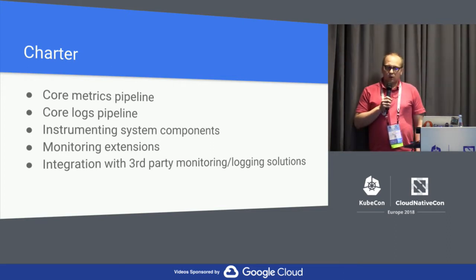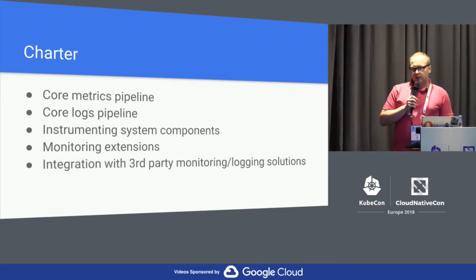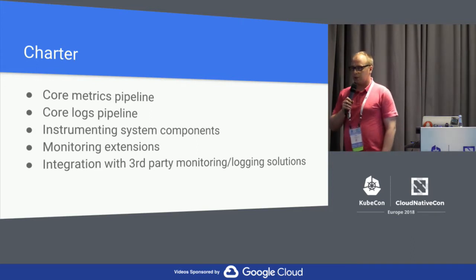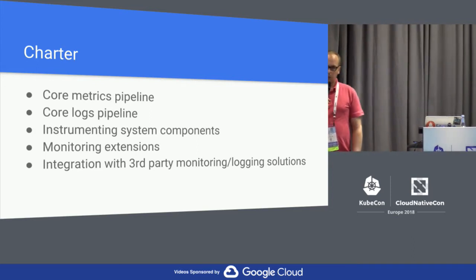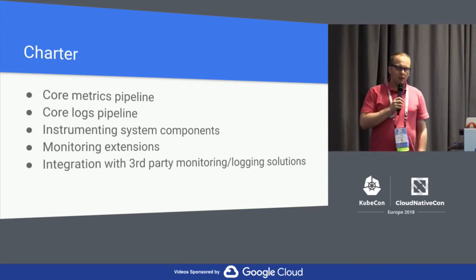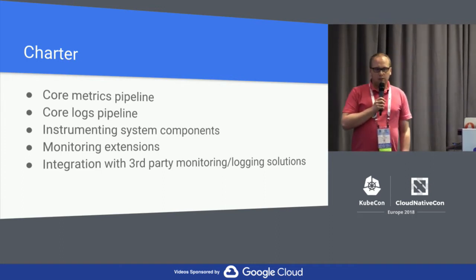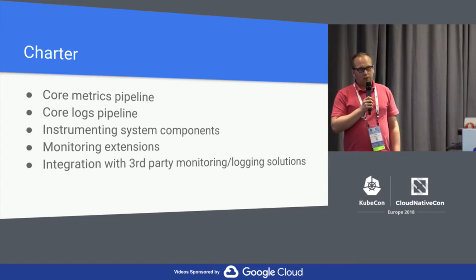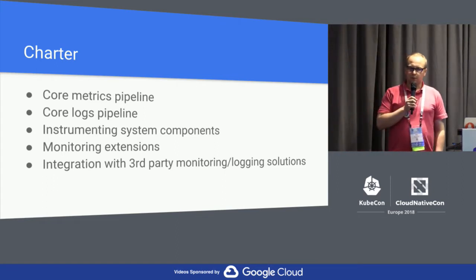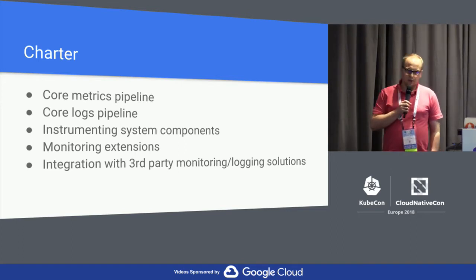We also own the Core Logs pipeline. Again, this is what is included in Kubernetes out of the box, and this is kubectl logs, which displays the recent logs from your containers from their stderr and stdout. We are also responsible for instrumenting all system components.